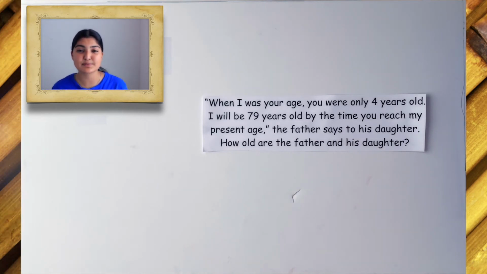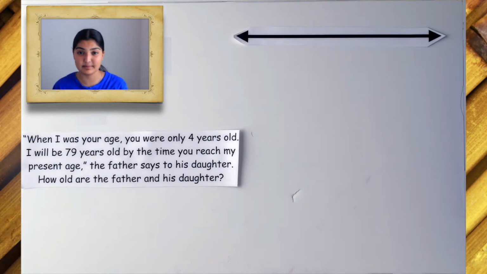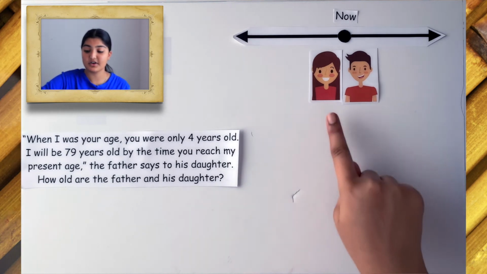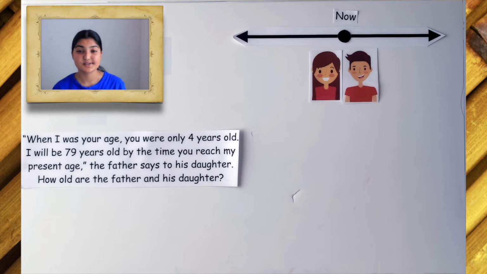To understand this problem, let's lay this out on a timeline. Here's our timeline. This point on the timeline presents the time now. And here are the daughter and the father. So, how old are they now? Well, this is what the problem is asking us.